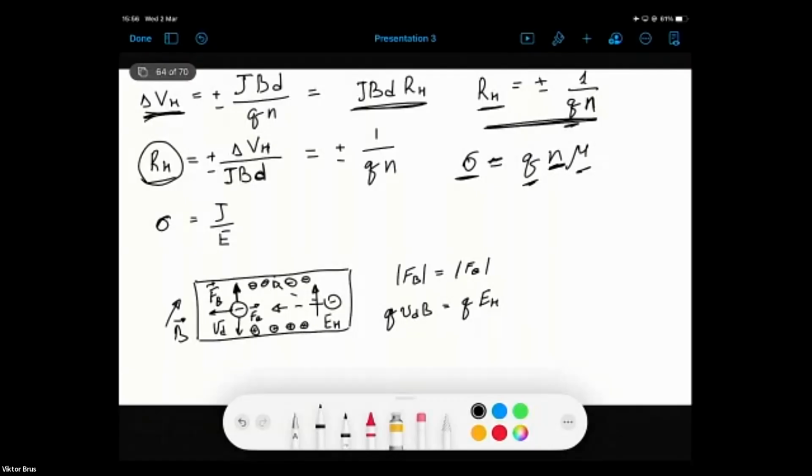So we introduced today this Hall effect, and I tried to explain the importance of this technique and this phenomenon. So it really finds wide application.